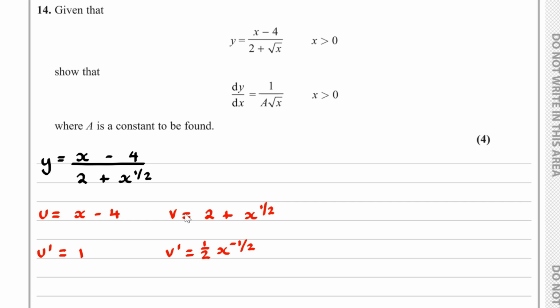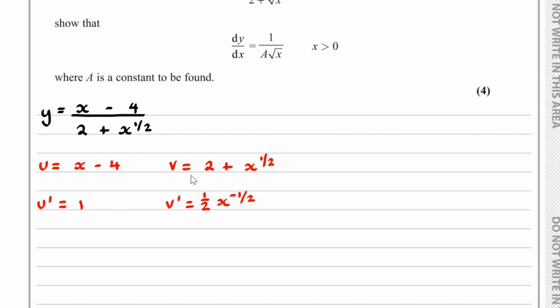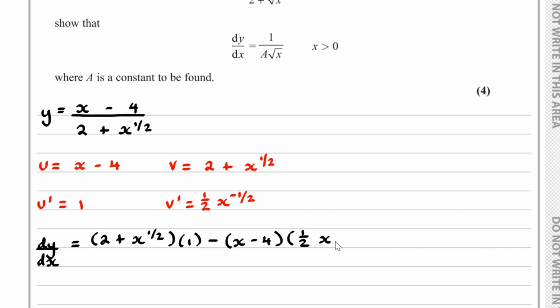So if we use the quotient rule to differentiate, dy over dx is equal to v times u dash minus u times v dash, over v squared.